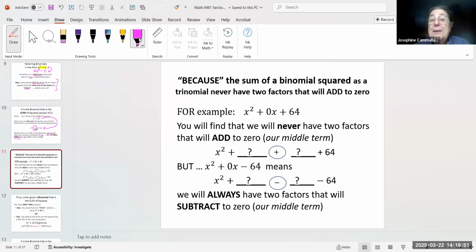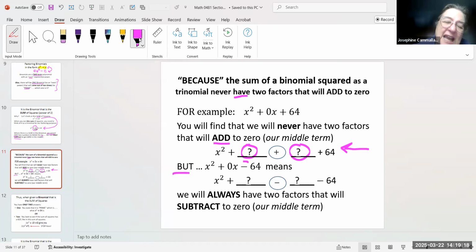Now, because the sum of the binomial squared never has two factors that will add to 0, think about this one. What would I put on these blanks to add to 0? Nothing. But look at the bottom one.